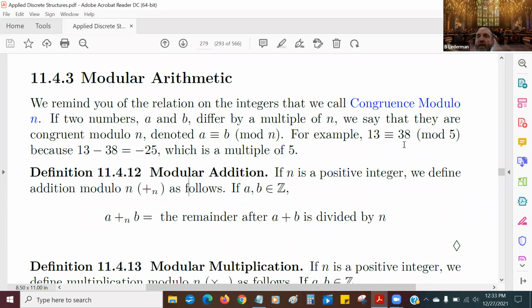If I divide 38 by 5, I also get a remainder of 3. As far as modulo 5 is concerned, if I had a wheel with numbers 1 through 5, 13 and 38 would wind up in the same spot, the 3 spot. That's what I'm trying to say.